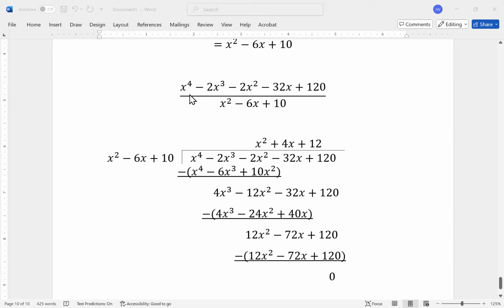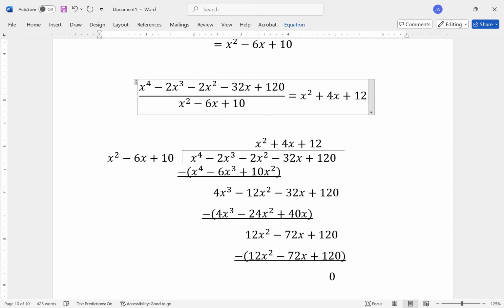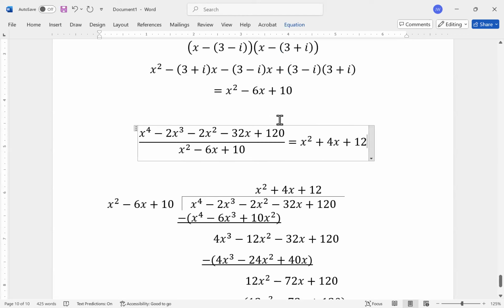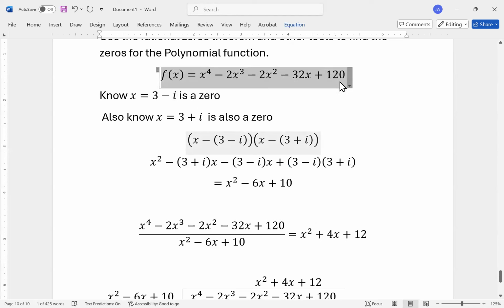That means when I divide these two polynomials, I end up getting x squared plus 4x plus 12 using long division. Now, remember, my original function was this fourth degree polynomial.